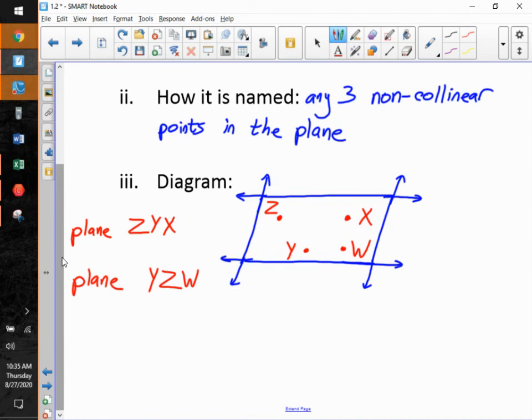So the weird thing about this is, and this is where it can get difficult to draw a plane properly, if I were to ask you guys, is point J inside the same plane as W and X and Y and Z, everybody's going to look at this and say that yes, it is. And the way it's drawn, they're probably correct.